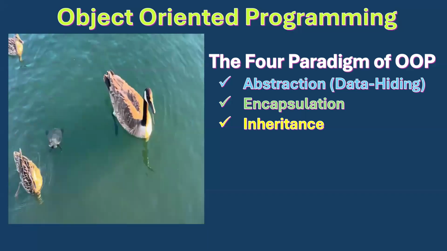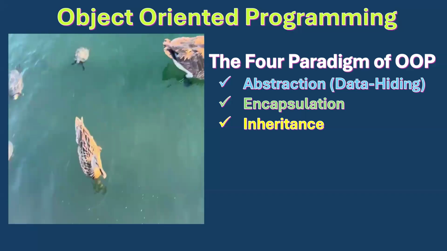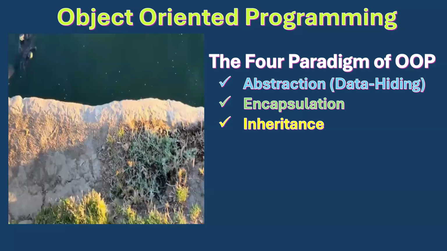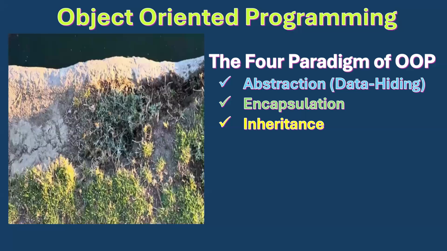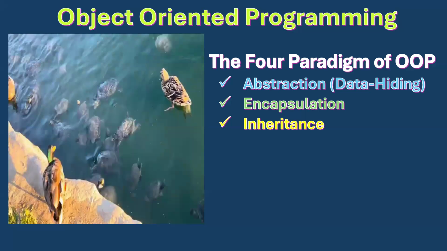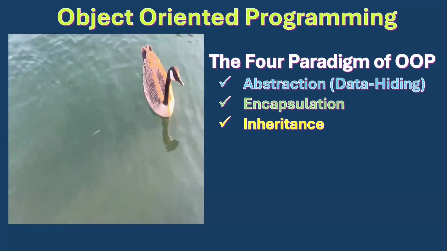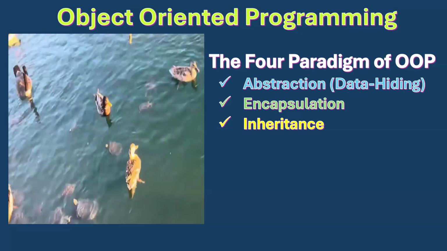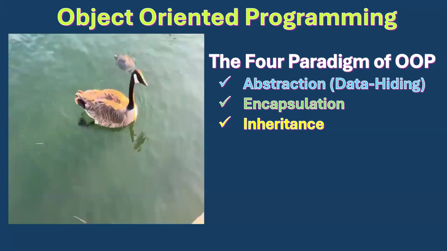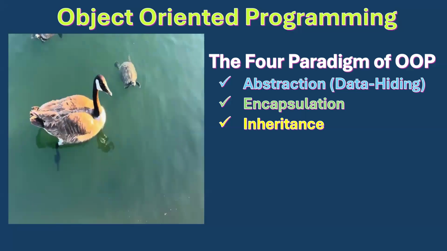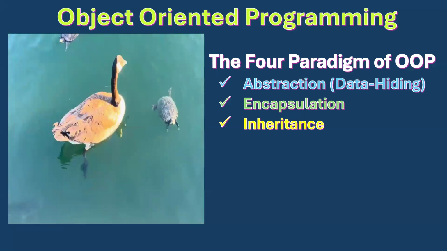The bird, on the other hand, that is coming at the end of this video, cannot swim, but it can fly. And you can see the duck can swim as well as fly. So some of those methods that they inherit from their parent classes, the child-parent relationship, are also called inheritance.